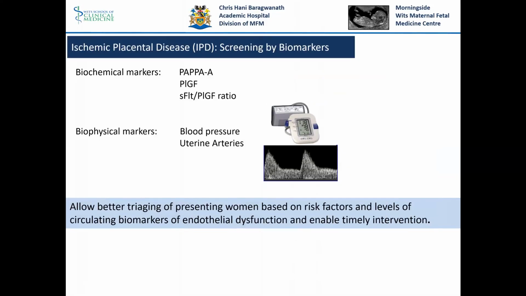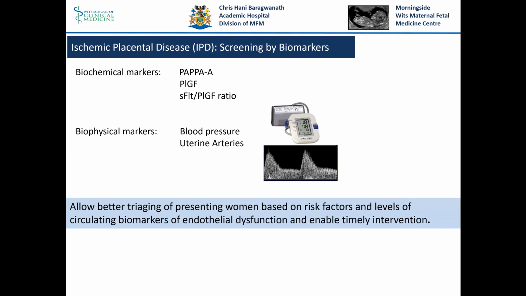We have learned a great deal about screening for preeclampsia from the first trimester, and I have put in just two groups of biomarkers. The one is the biochemical markers, which is the PAPP-A, the placenta growth factor, and the sFlt over PlGF ratio, and I will speak about these things in a moment.